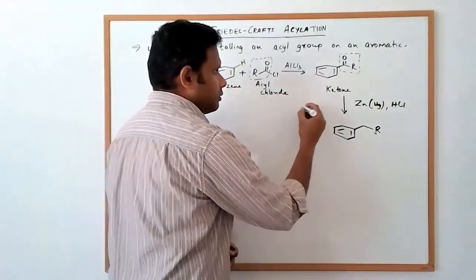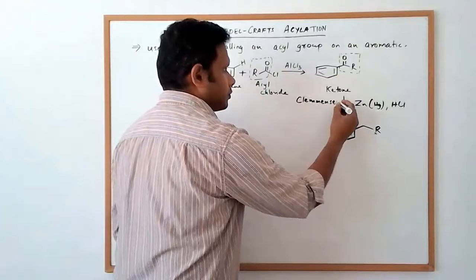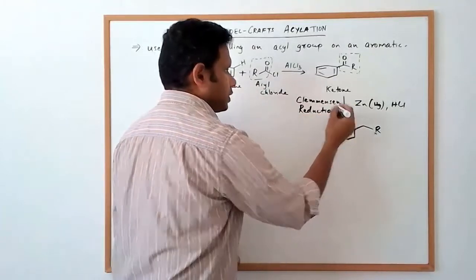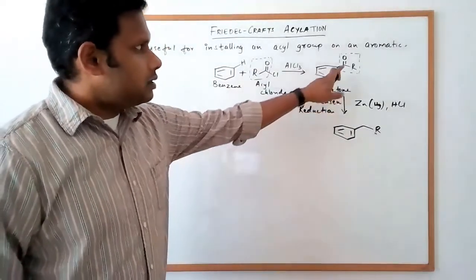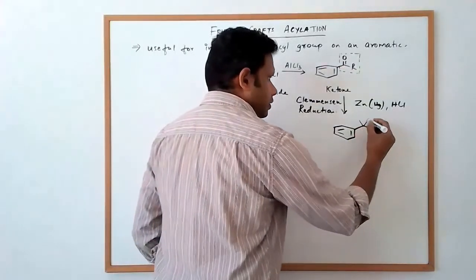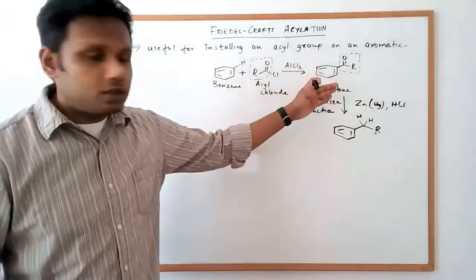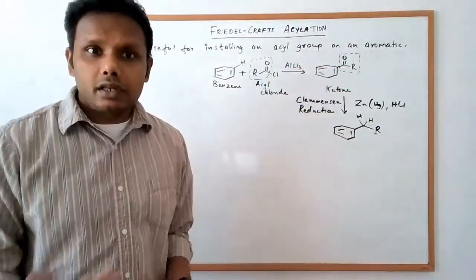So this is the Clemmensen reduction. So it converts the keto carbon into a CH2 here. So you can actually convert your ketone into an alkyl benzene later.